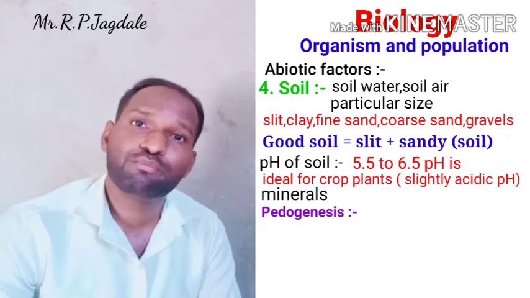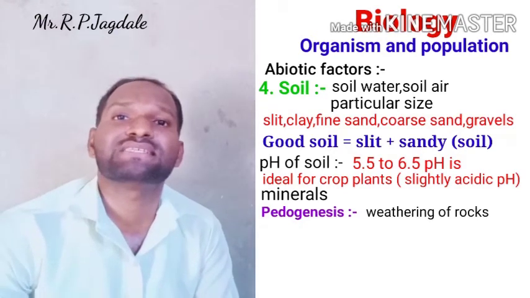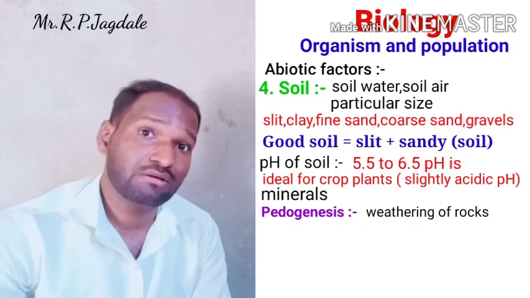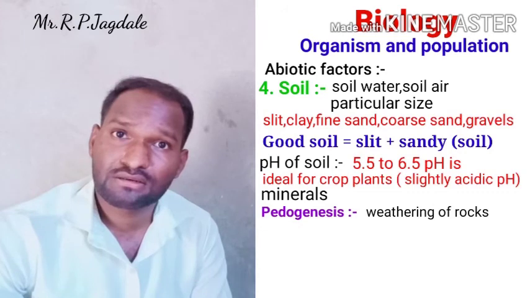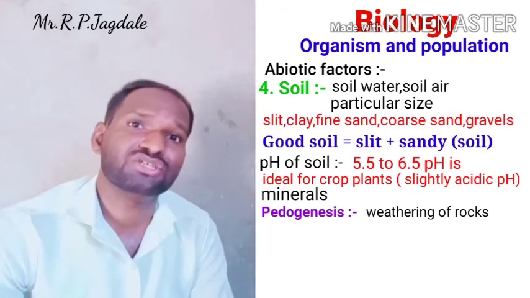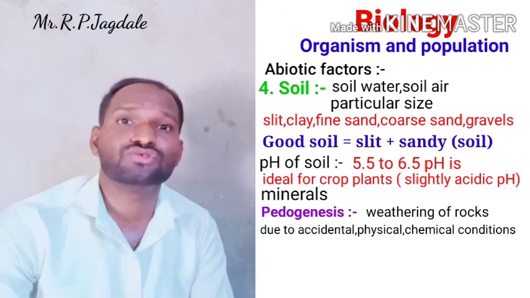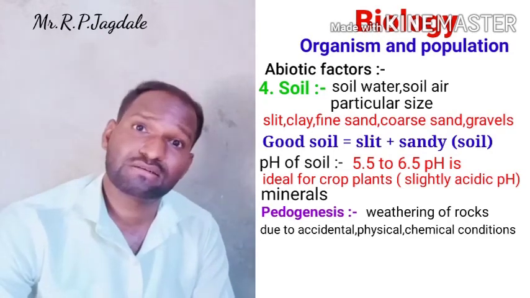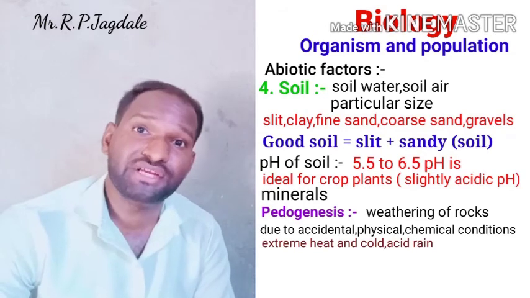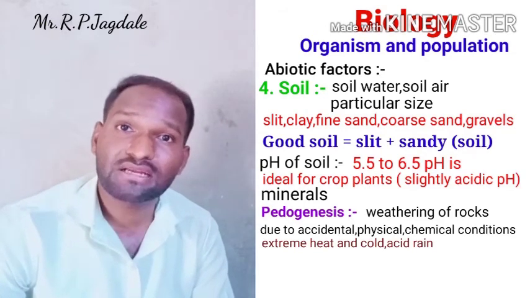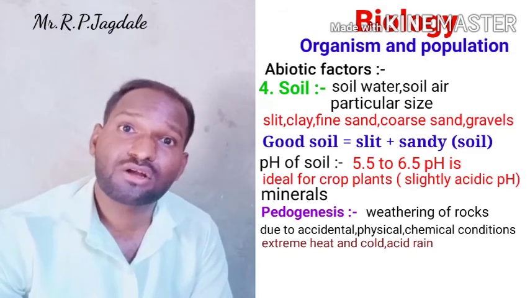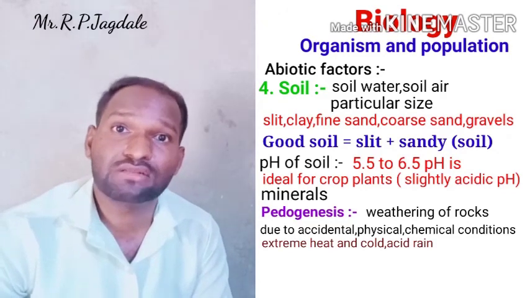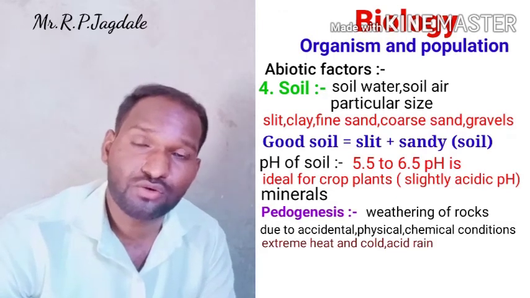What is pedogenesis? Pedogenesis is the weathering of rocks. There are large rocks, but due to physical conditions and chemical conditions, such as acid rain, extreme heat and extreme cold, the rocks break down, and whatever minerals are there are added into the soil.